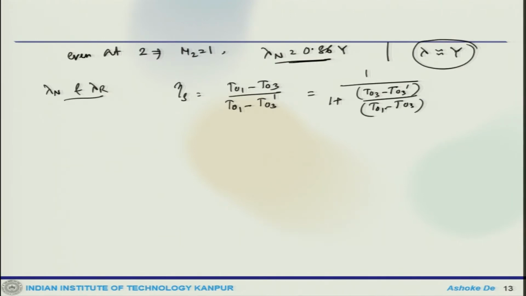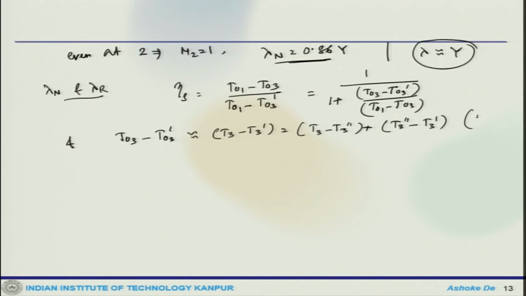Okay. And what we can write from the TS diagram is that T naught 3 minus T naught 3 prime is T 3 minus T 3 prime, which is T 3 minus T 3 double prime plus T 3 double prime minus T 3 prime. So, this we can write from the TS diagram.